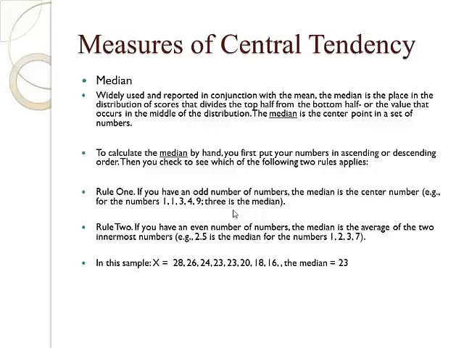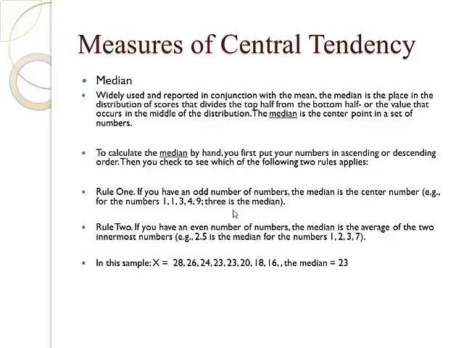If you have an odd number of numbers, then you can apply rule 1, which is essentially to say that the median is the center number, the number in the middle. So for example, in the numbers 1, 1, 3, 4, 9, we have 5 numbers there, so it's an odd number. We simply take the number in the middle of that distribution, which is 3, and 3 is the median in that case.